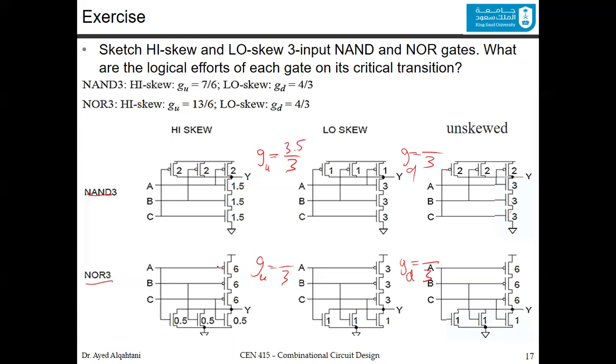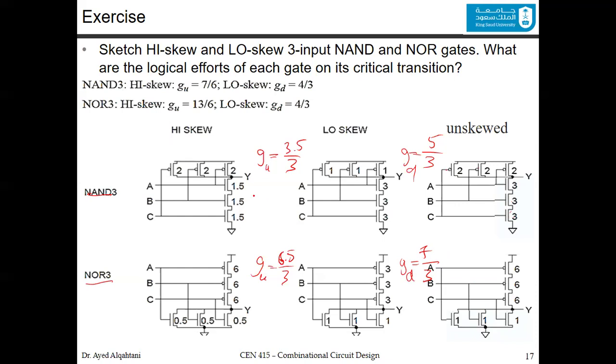For this one, 6.5. For this one, you have 2 and 3, which is 5. And for this one it is actually 6 and 1, which is 7/3.